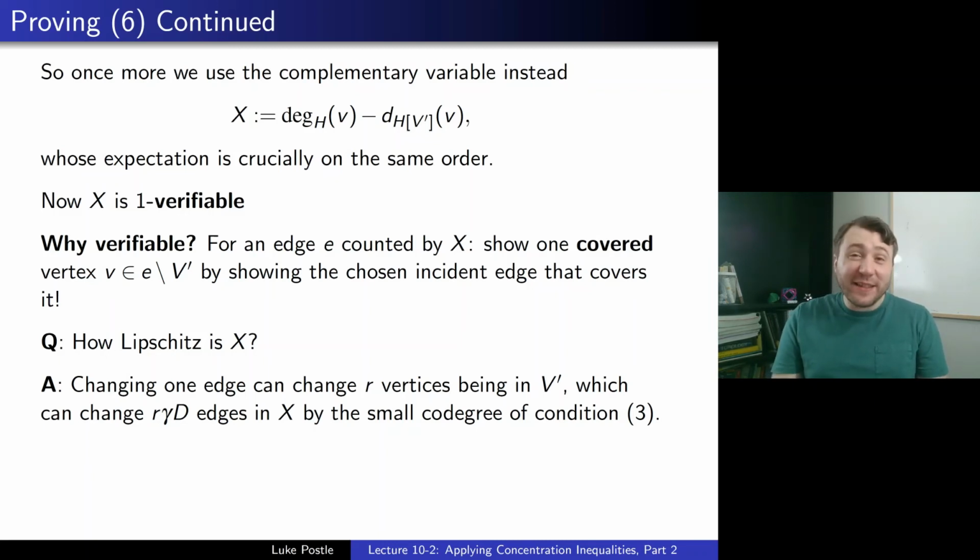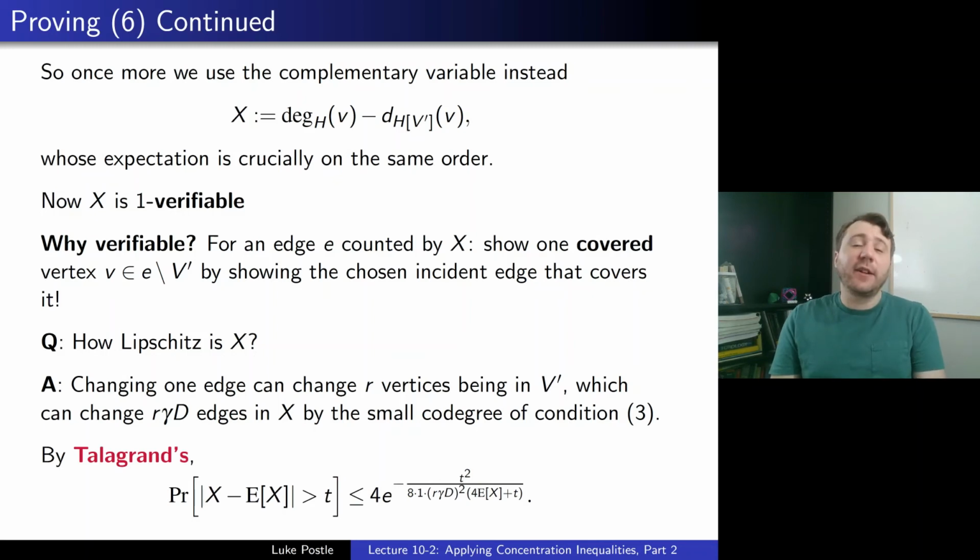So the question is, is that enough? By Talagrand's, we get this expression: e to the minus t squared over 8 times 1, which is the verifiability, times this Lipschitz constant, R gamma D squared, times 4 times E of X plus t. And unfortunately, this is not enough.